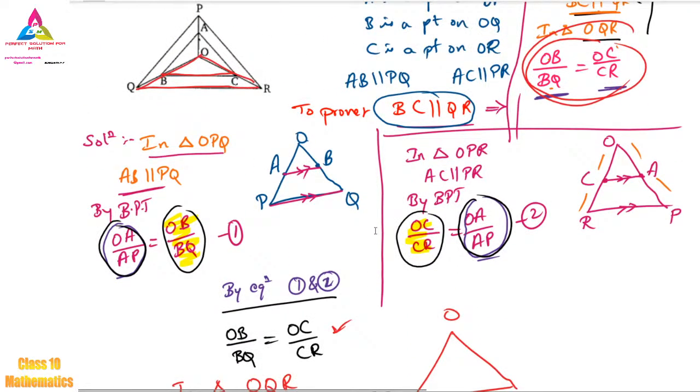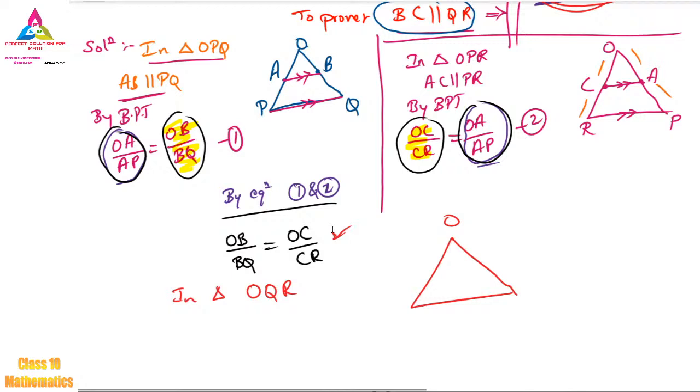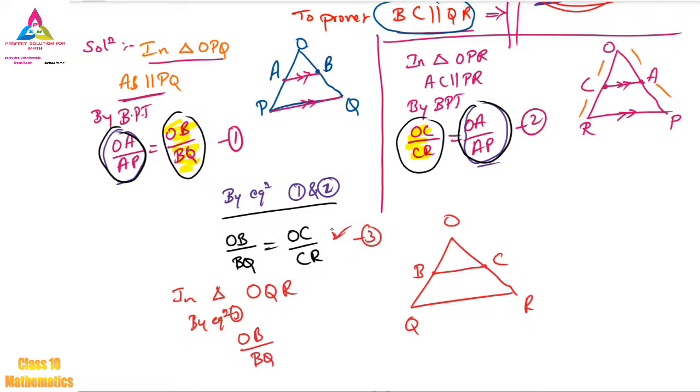O is over here, then Q is at the bottom and R. Q is over here and R is here, and this one is B and this one is C. So in triangle OQR, by equation 3, OB by BQ is equal to OC by CR.